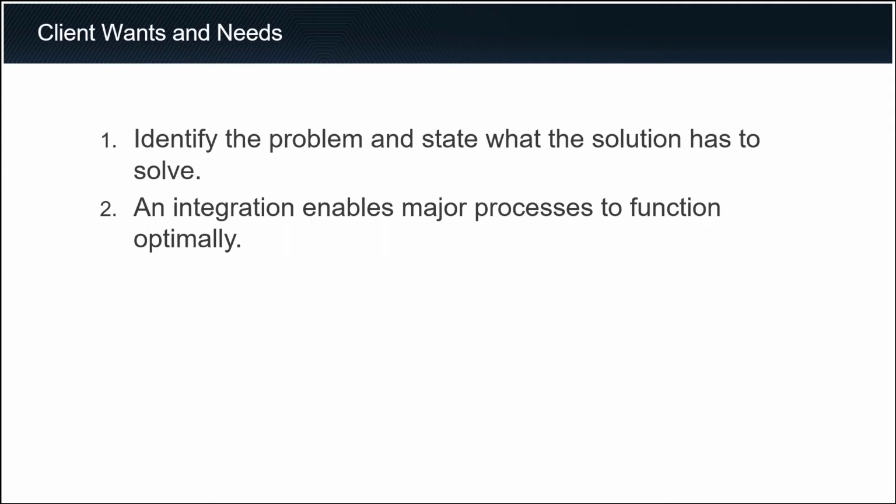And what this states is that the focus should not be that you need an integration, but rather that you need a solution. Even if the system integration will form the whole or most of the solution, focus on what you're trying to solve and what aspects will form part of that solution.